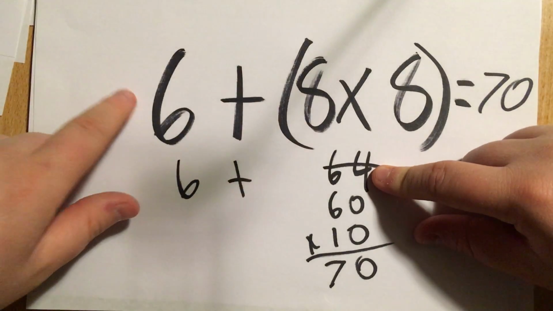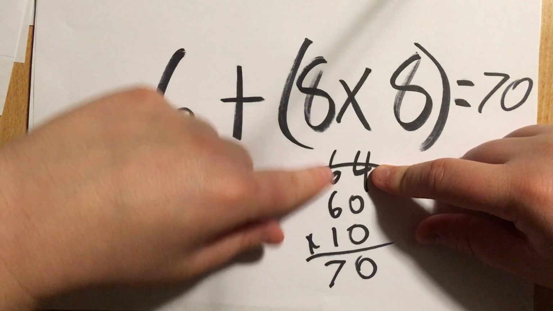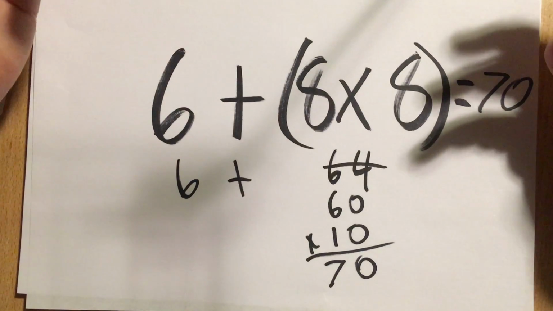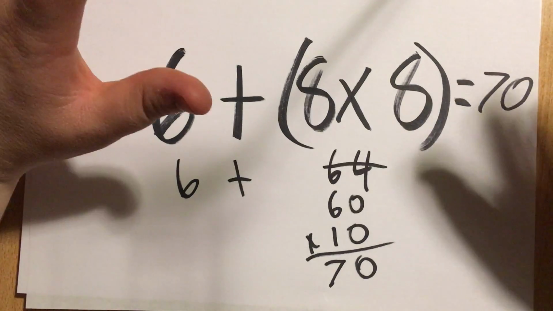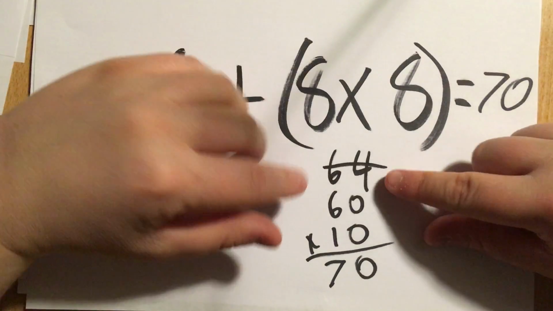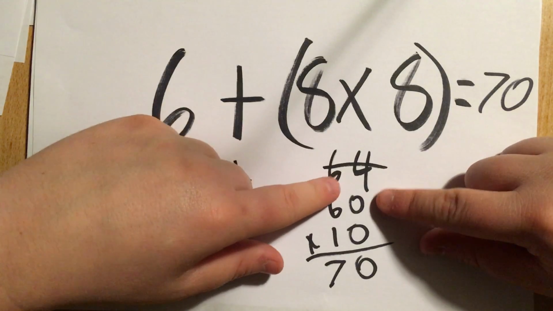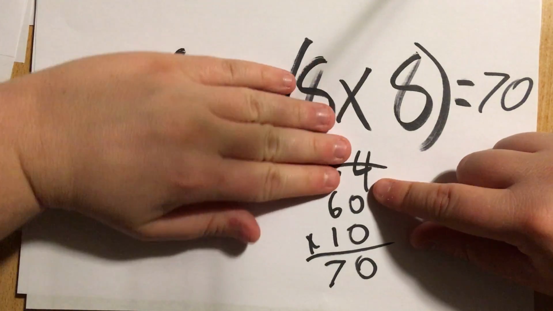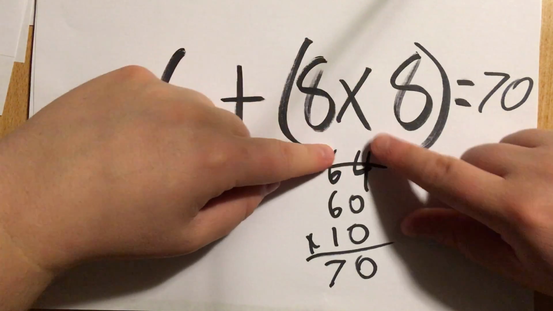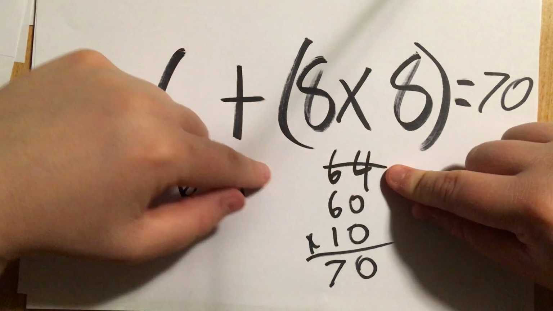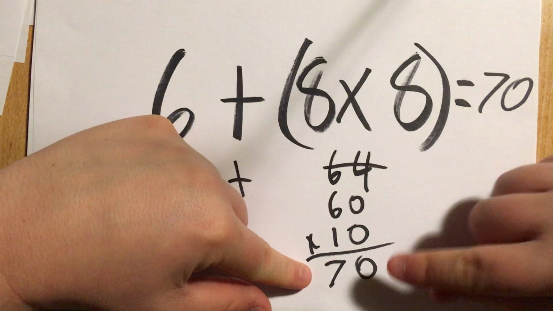So we bring 64 down here. 6 plus 64. Now, you're 6th graders, so I think you know that it equals 70, but for the sake of it, let's just pretend that we didn't know that. Well, what's 6 plus 4? Well, that's 10. So we could subtract that 4, then it'd be 60 plus 10, which we know would be 70.